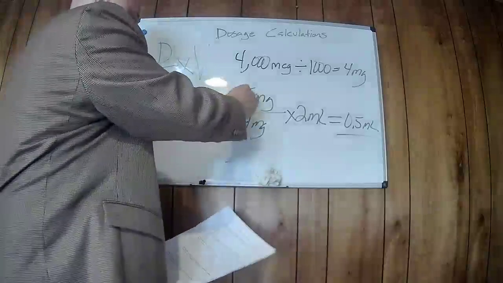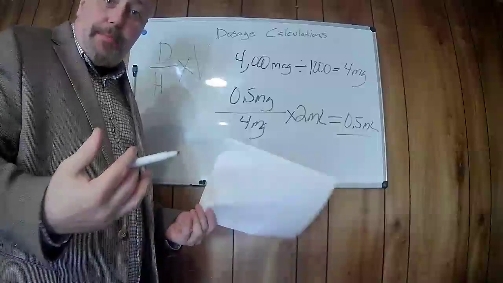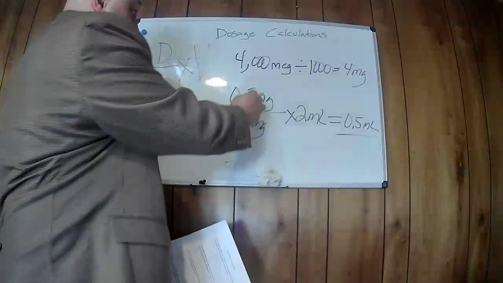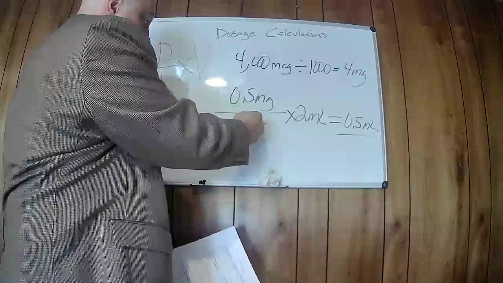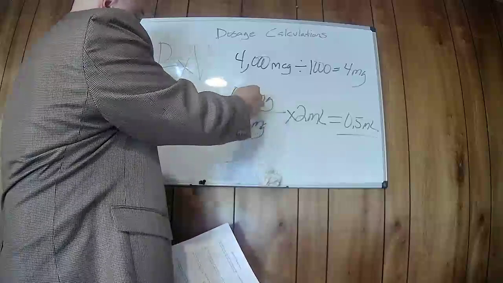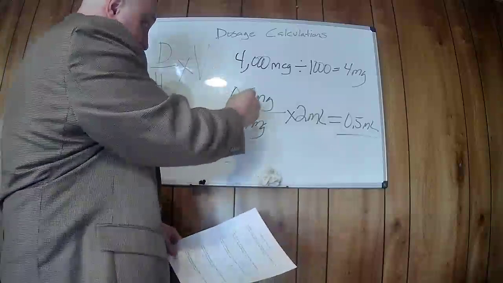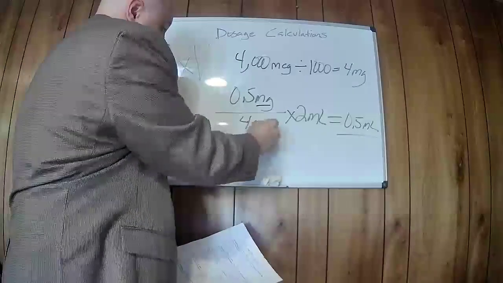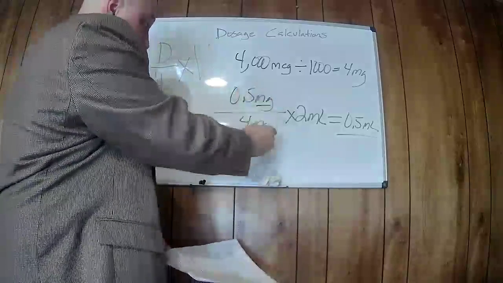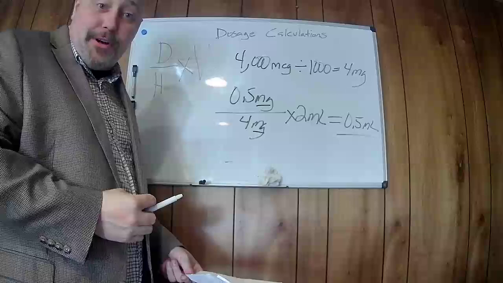The big thing that always trips people up is the conversions. Just make sure that if your dose on hand is milligrams, your desired dose is milligrams, or vice versa. It does not matter which you convert, as long as it's always either micrograms or milligrams on both sides of your division.